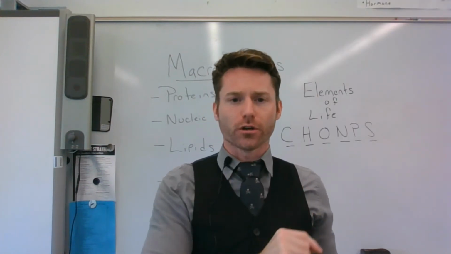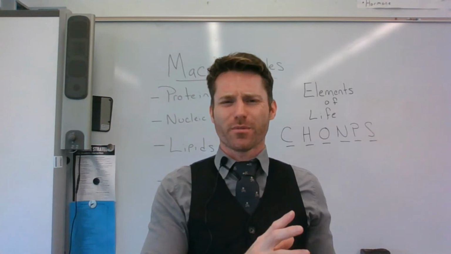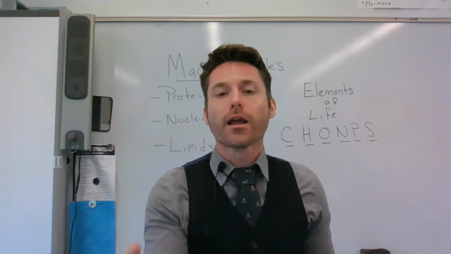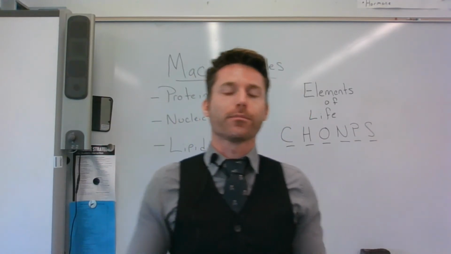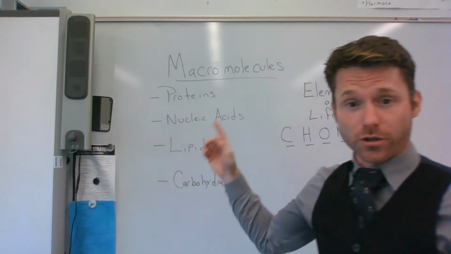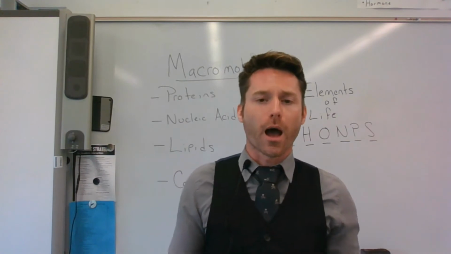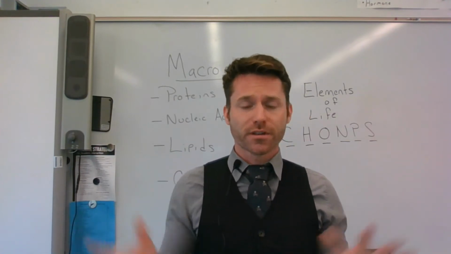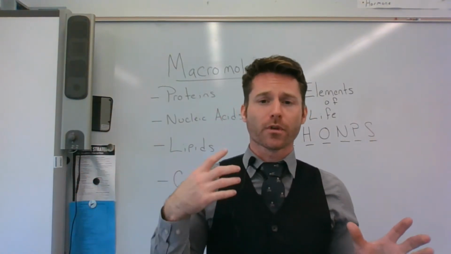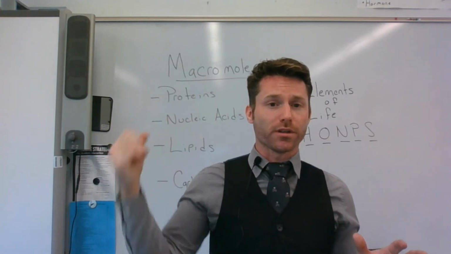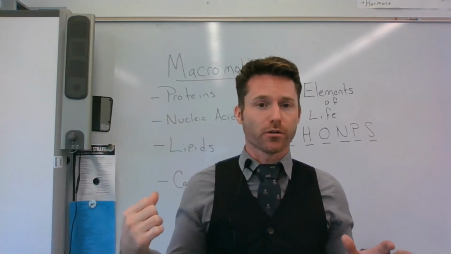Nope, it's called sugar phosphate backbone, not a carbon phosphate backbone. Sugar phosphate backbone. Right. And when we look at these structures of nucleic acids, I'll show you more in depth how that works. But yeah, phosphorus, big guy, only found in nucleic acids and proteins, not lipids or carbohydrates.